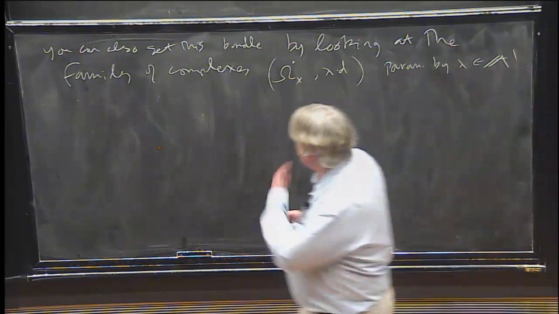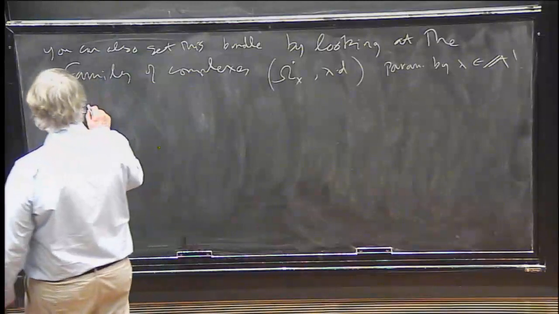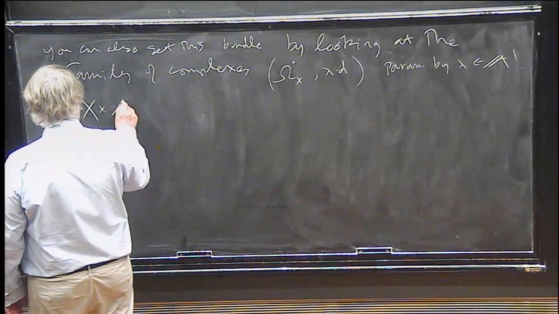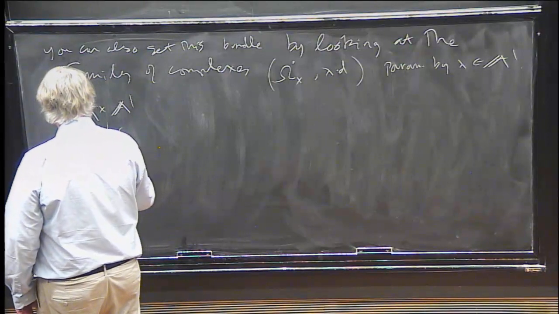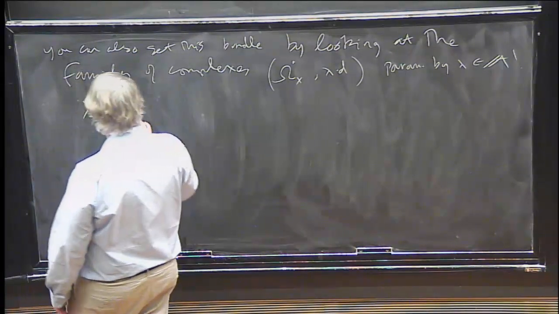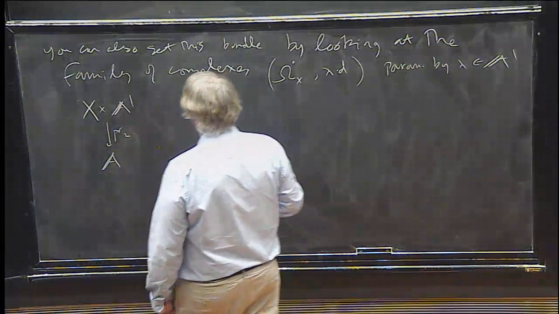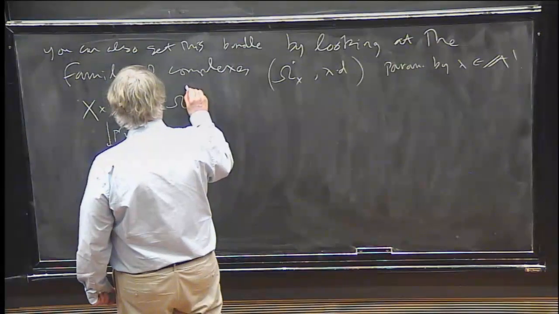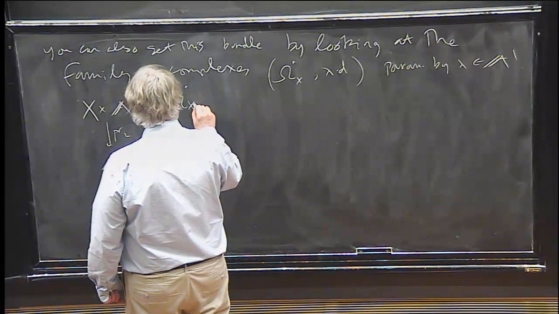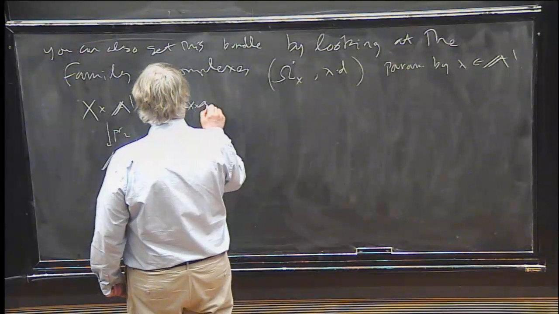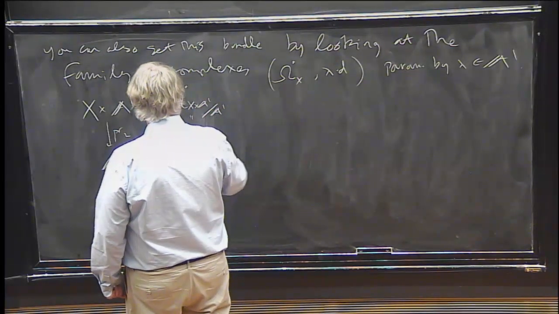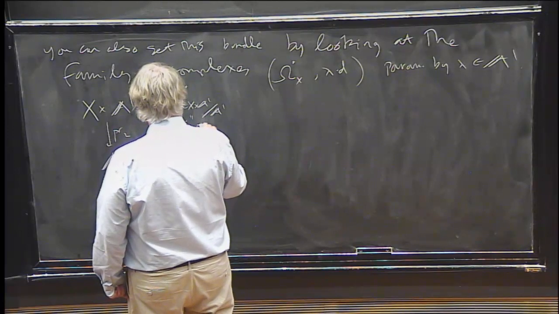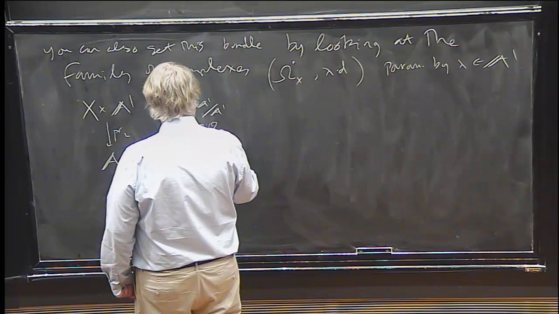A better way of saying this would be, let's take X cross A1, and then take the projection pr2 to A1. On this thing we would have omega dot of X cross A1 over A1. That's the same thing as omega dot X boxed with O_A1.